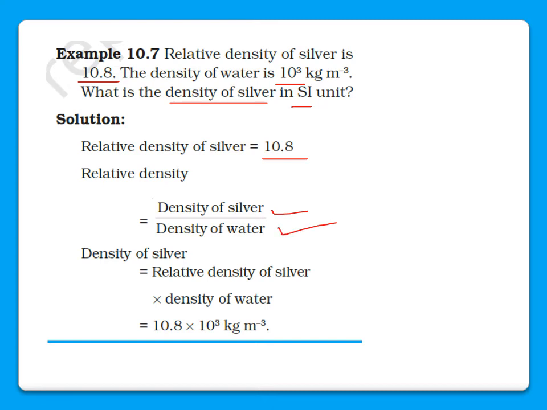Here we have to find out the density of silver. So by cross multiplication we will get density of silver is equal to density of water multiplied by relative density of silver. So 10.8 into 10 to the power 3 kilogram per meter cube. This is the answer.